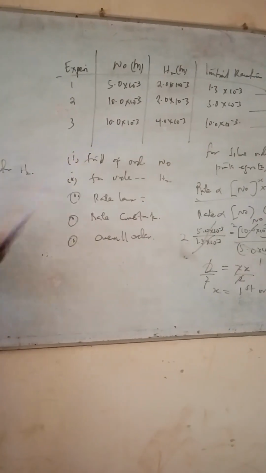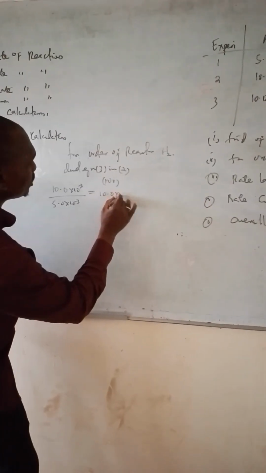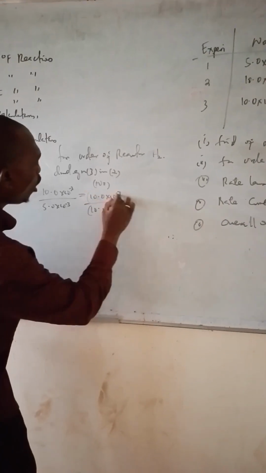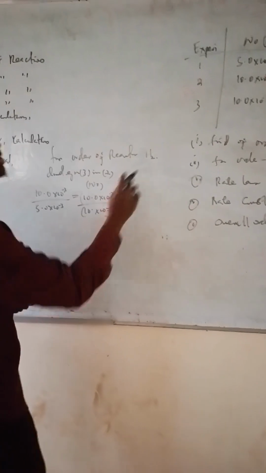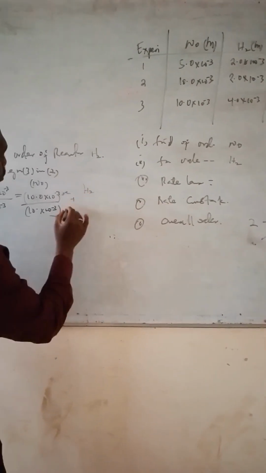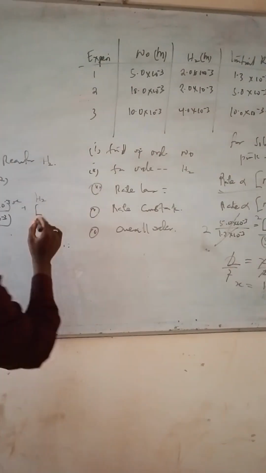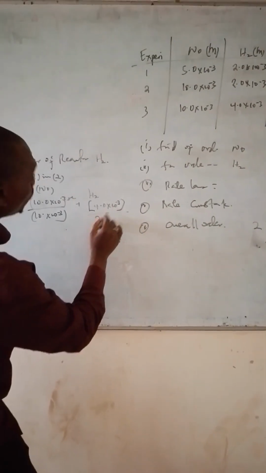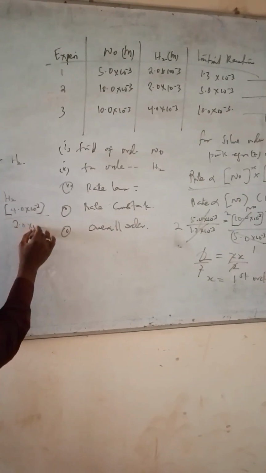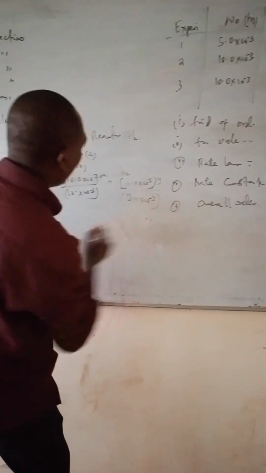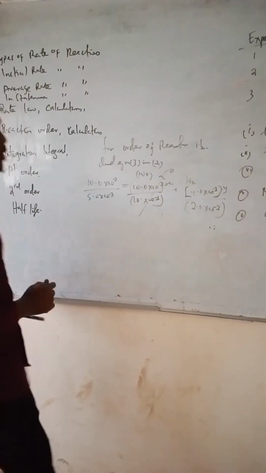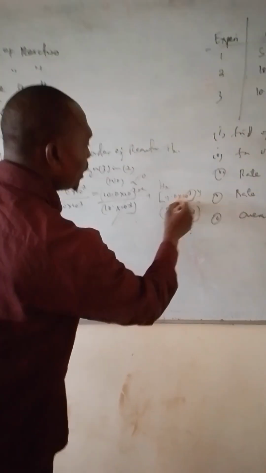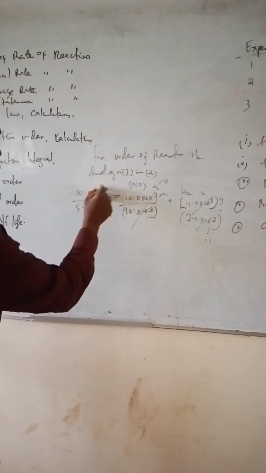For equation 3 we have 10.0 times 10 to the power minus 3 divided by 10.0 times 10 to the power minus 3, all raised to x. Then the hydrogen, which for equation 3 is 4.0 times 10 to the power minus 3, and here for equation 2 is 2.0 times 10 to the power minus 3, raised to y. Automatically the NO term is equal to 1 because this cancels this to give 1.